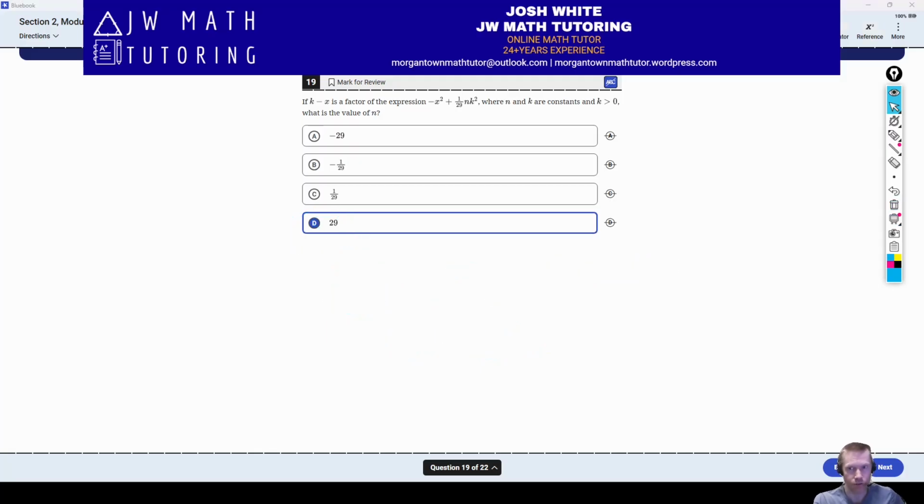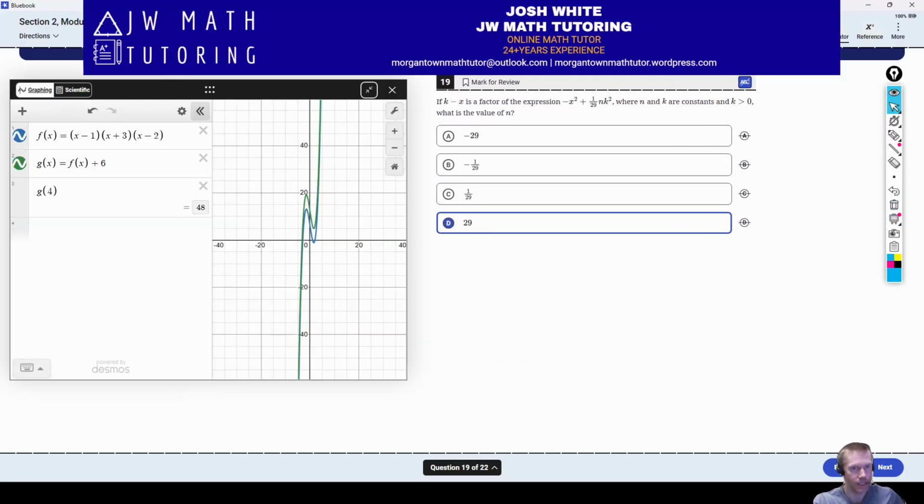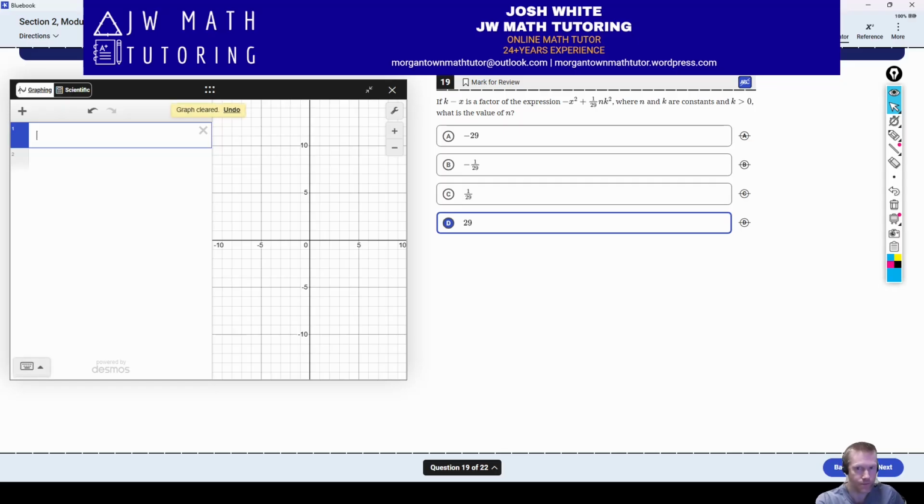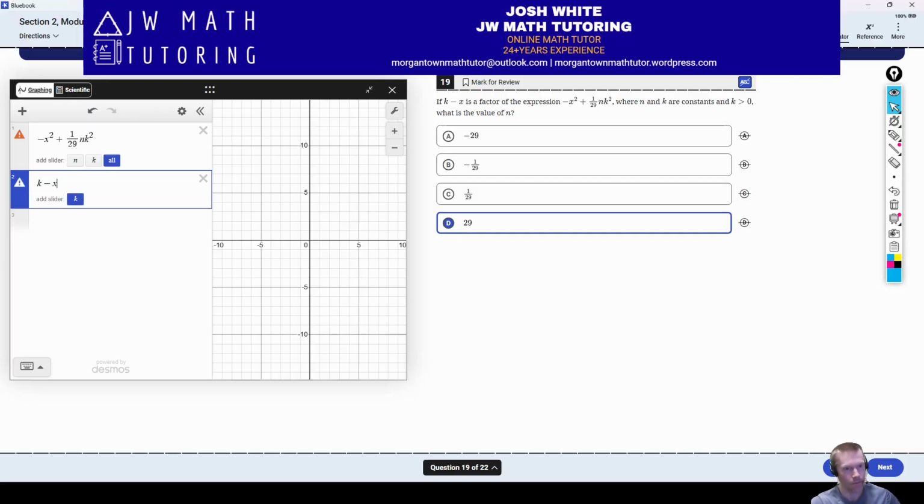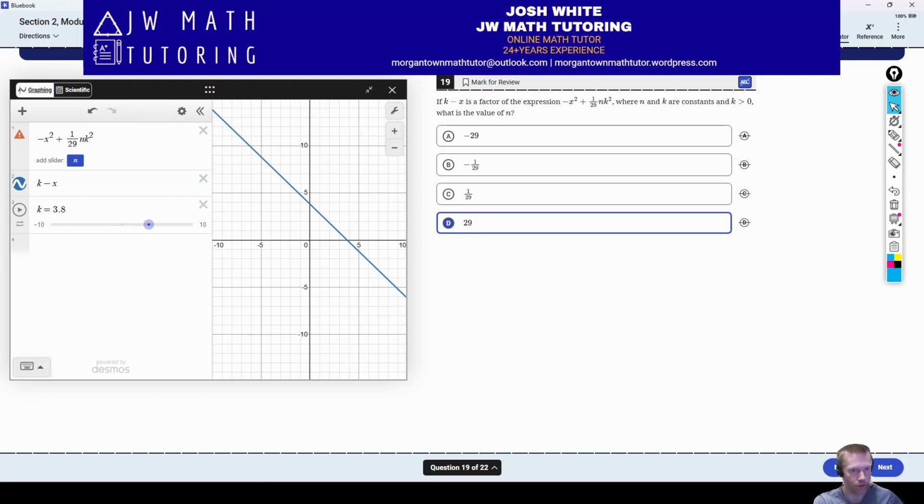Now, here's how you could actually solve this one in Desmos. Type in the original expression. Okay, then we're going to type in the factor. First, we're going to add a slider for k, and we're just going to make it some positive number. You can make it 1. I'm just going to drag it to wherever.